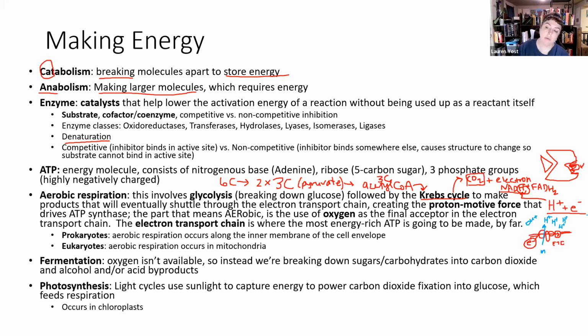So let's say we've done all that. We've got all of our protons out there, right? We've created a gradient. There's a lot of H+ positively charged protons essentially outside of the cell. They want to come back in to equal everything out, right? So it just so happens that at the end of all of this is an enzyme called ATP synthase.